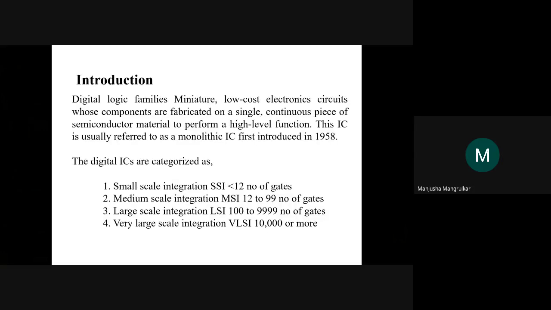Now the digital logic family is a miniature, low-cost electronic circuit whose components are fabricated on a single continuous piece of semiconductor material to perform a high-level function. These ICs are usually referred to as monolithic ICs, first introduced in 1958.